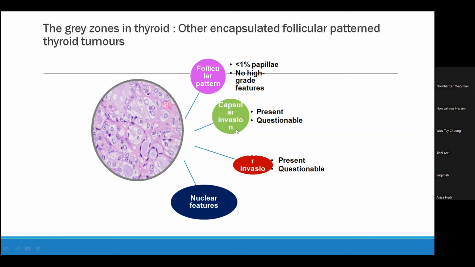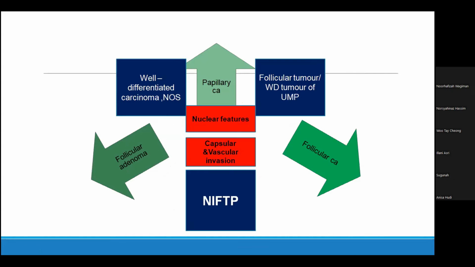Capsular invasion can be questionable. Vascular invasion can be present, can be questionable. And the nuclear features can look like papillary thyroid carcinoma, or can be very vague, cannot really distinguish. So how do you categorize them?